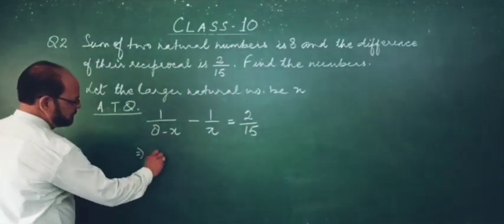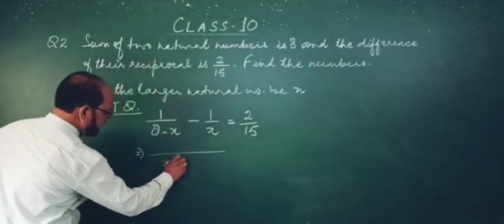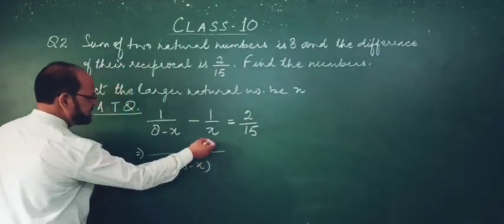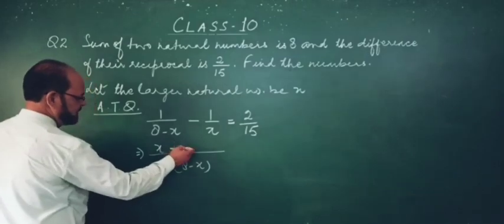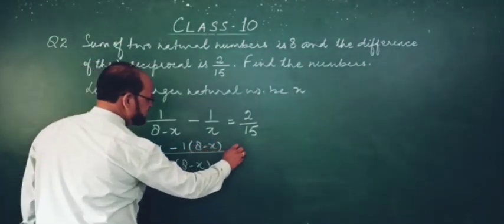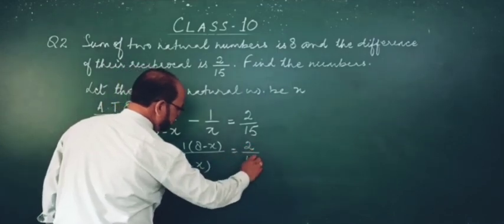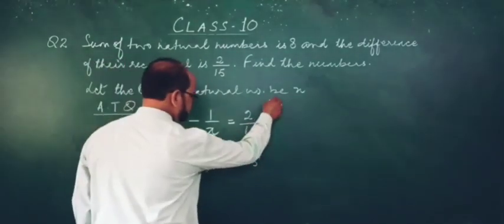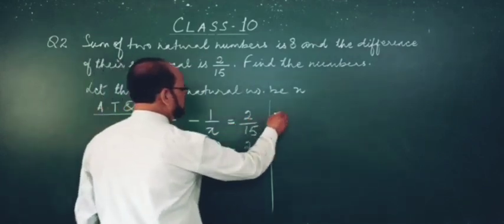Now we have to solve this. So we will take LCM. That will be x, 8 minus x. So x will come here, and here it will be 1, and within bracket 8 minus x, equals 2 upon 15. We'll open the bracket.